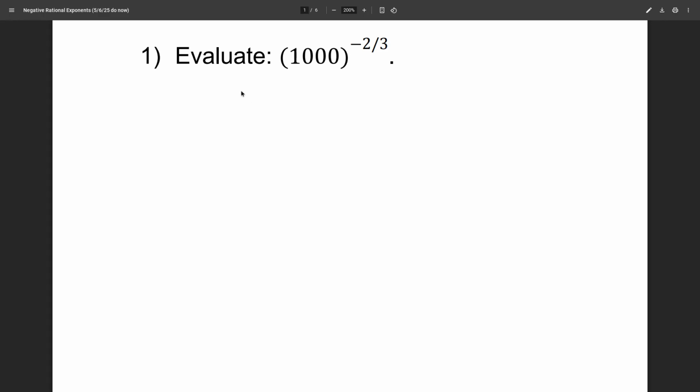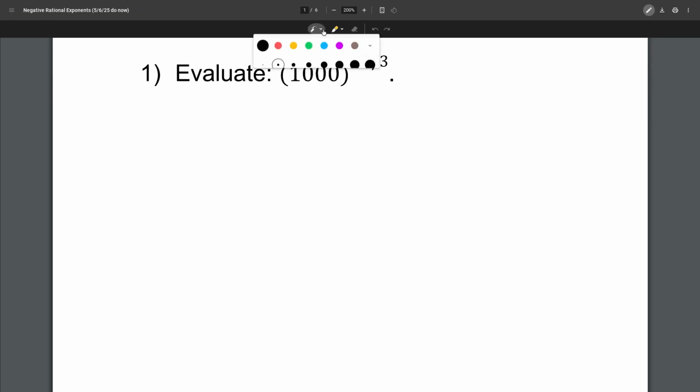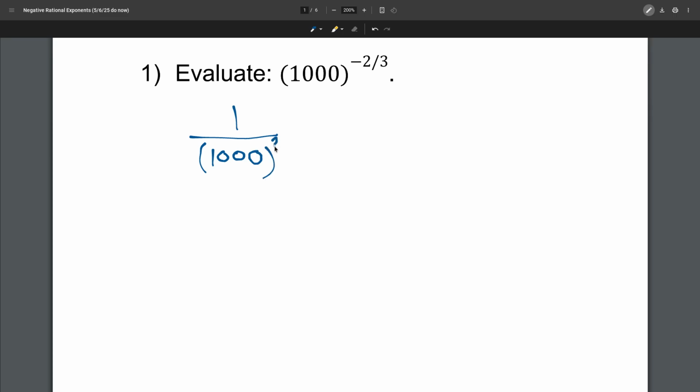So what I'm going to do is first get my pen to work here. And then once I do that, I am going to write this as 1 over 1,000 to the positive 2/3 power.